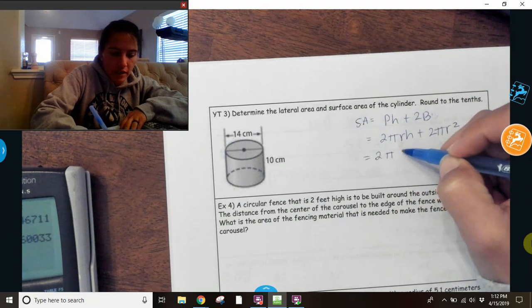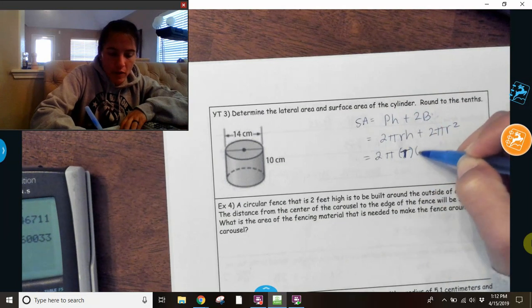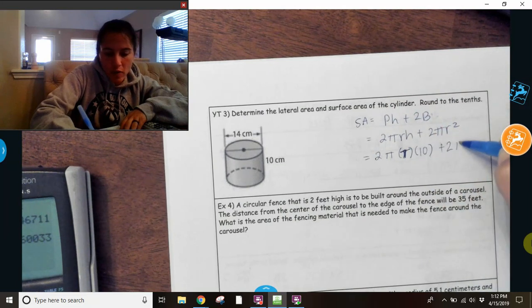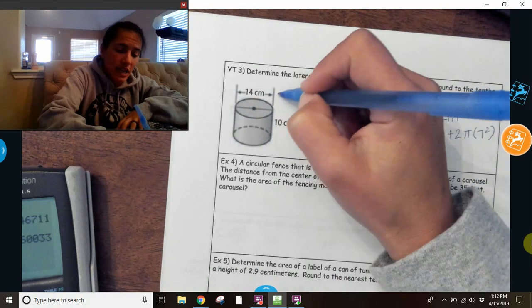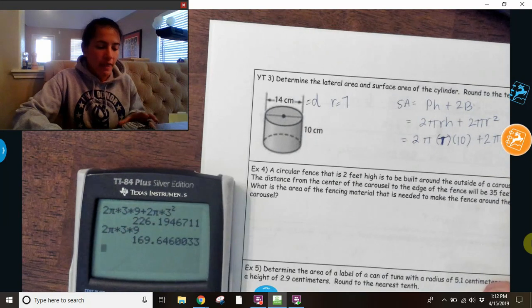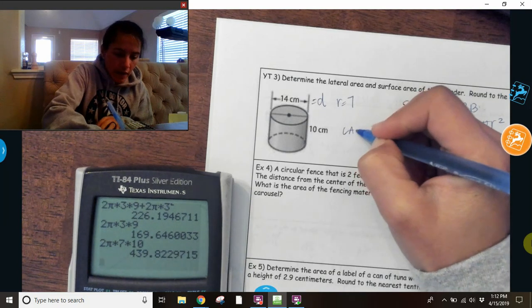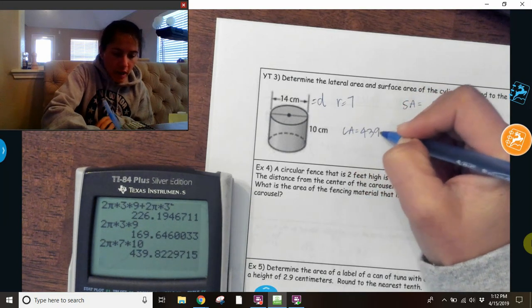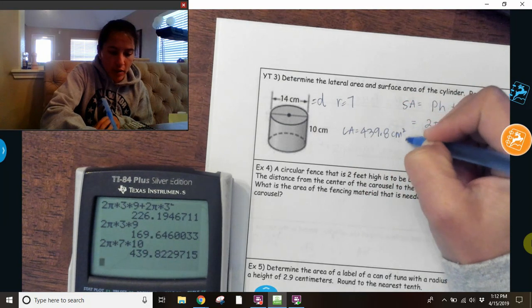All right, I'm just showing my work. And I hope you found, this is the diameter, so the radius is 7. And the lateral area is 2 pi times 7 times 10. 439.8 centimeters squared.